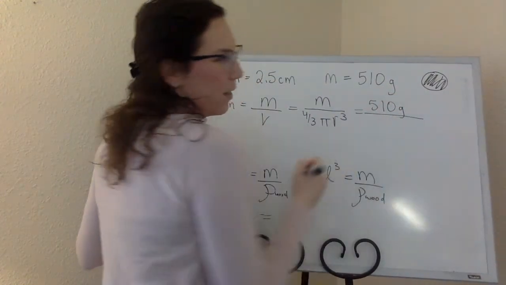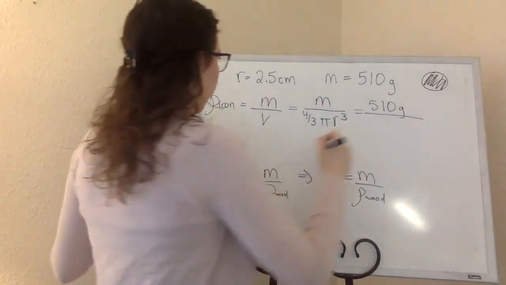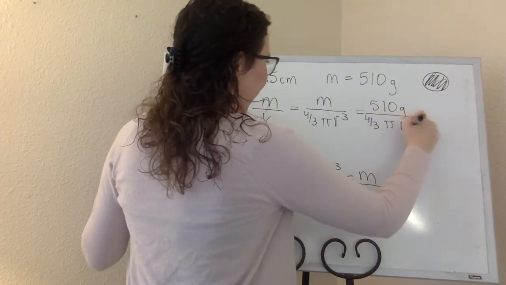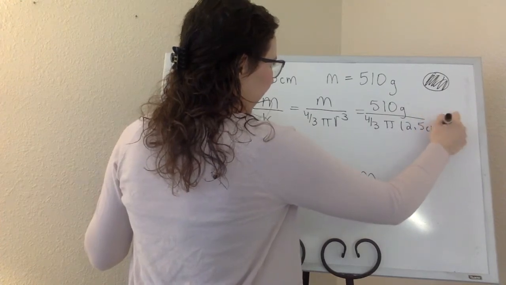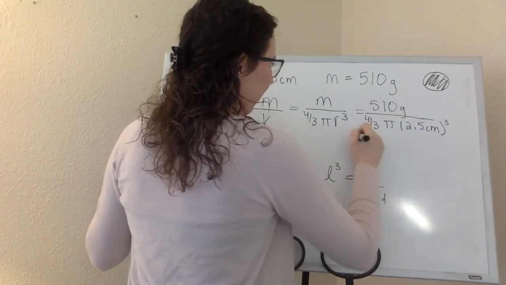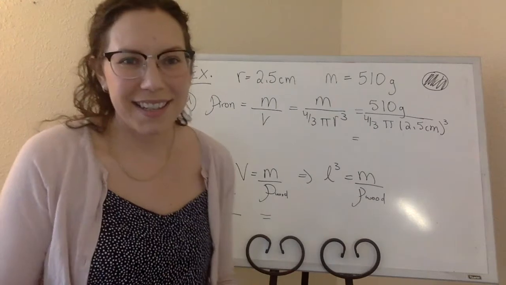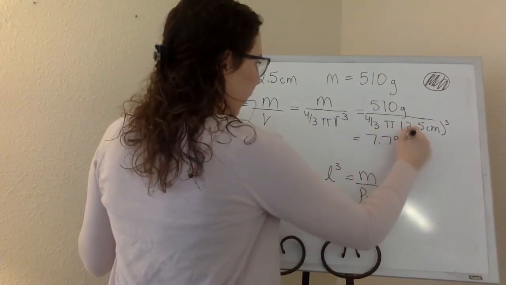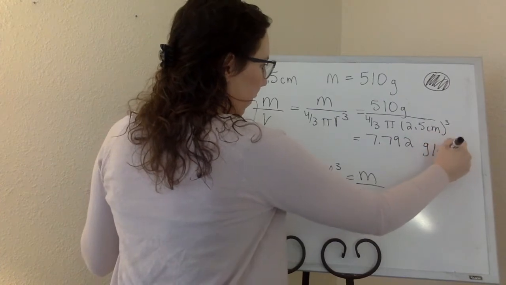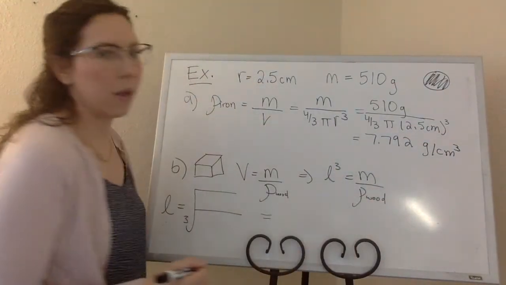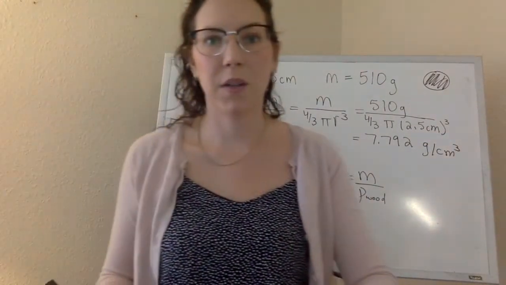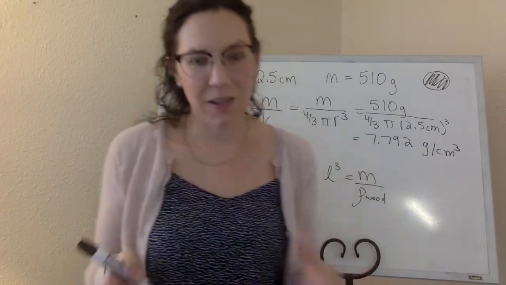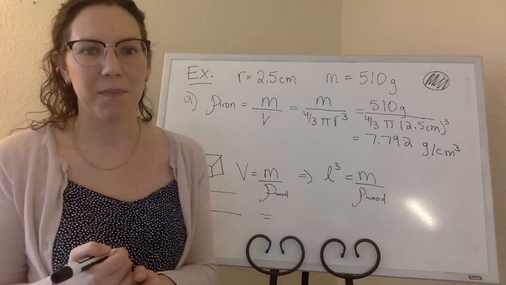We can do this in grams per centimeter cubed, over 4 over 3 pi, 2.5 centimeters cubed. And that gives me a density of 7.792 grams per centimeter cubed. And you could just multiply by 1,000 to convert into the SI units, which would be 7,792 kilograms per meter cubed.